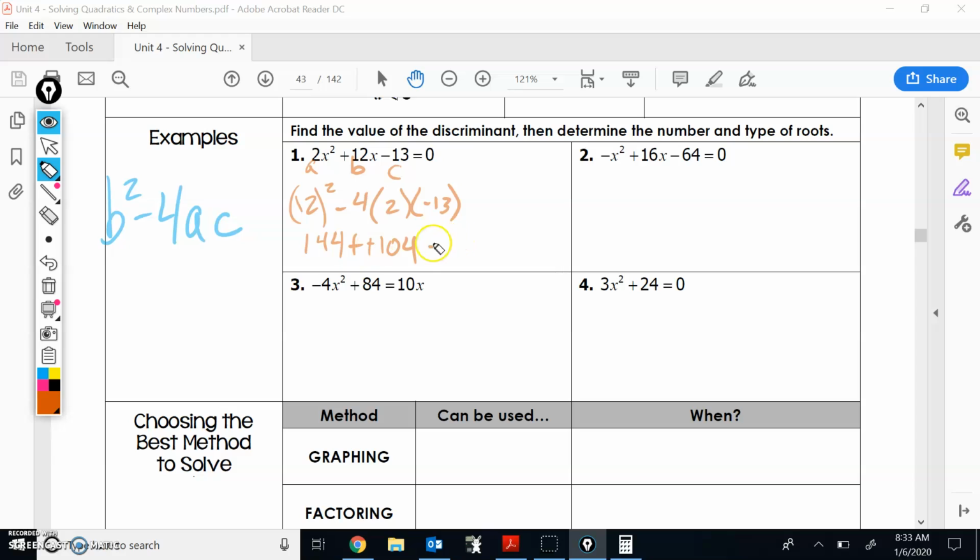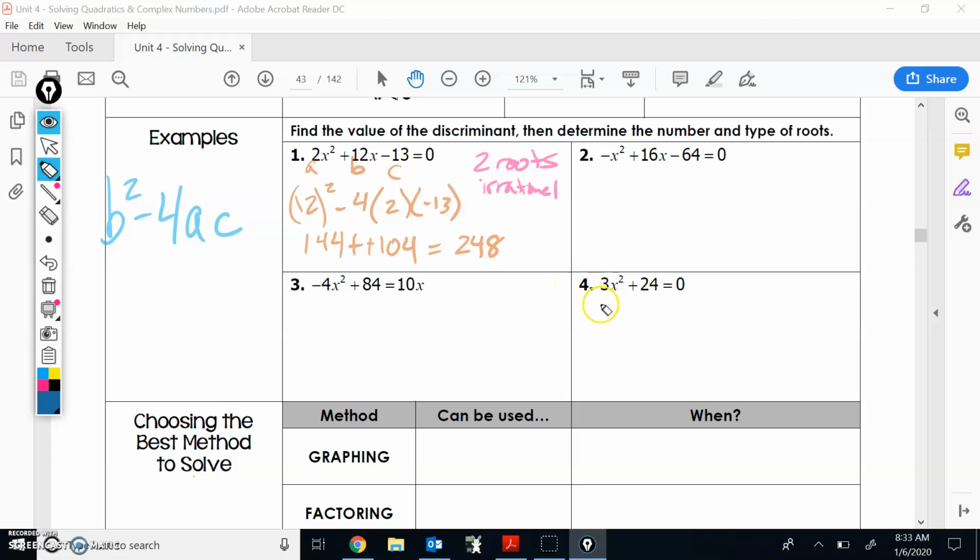That turns into a plus. So that equals 248. 248 is not a perfect square, so you're going to have two solutions, two roots, and they're going to be irrational. Again, we're just previewing and predicting what's going to happen when we solve for these quadratics.